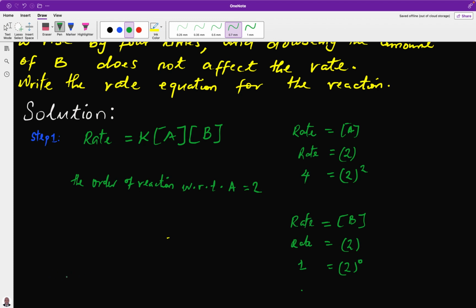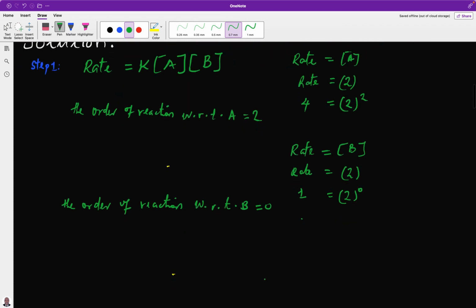Therefore, we can conclude that the order of reaction with respect to B is 0.